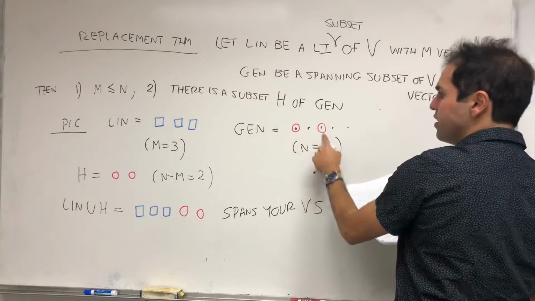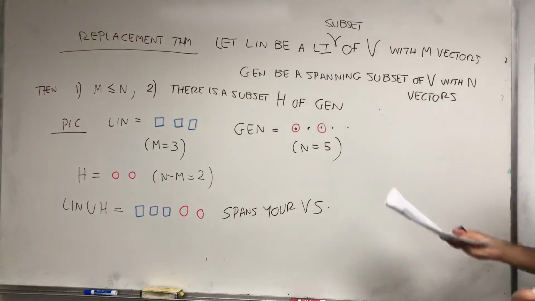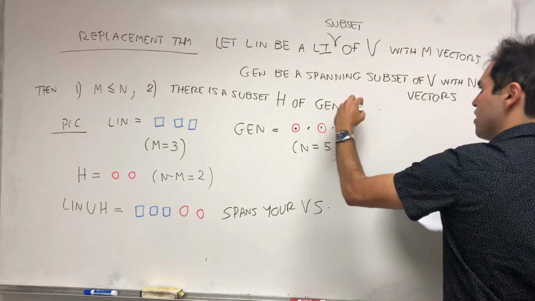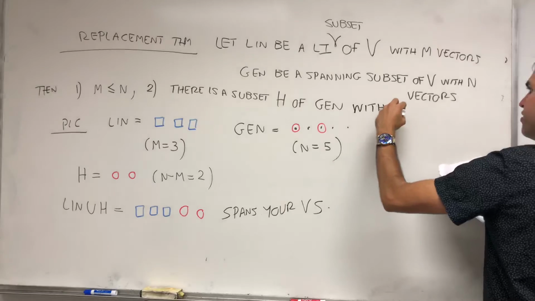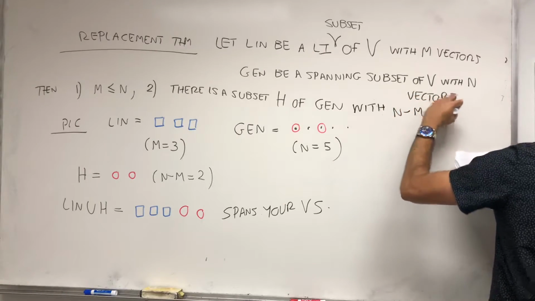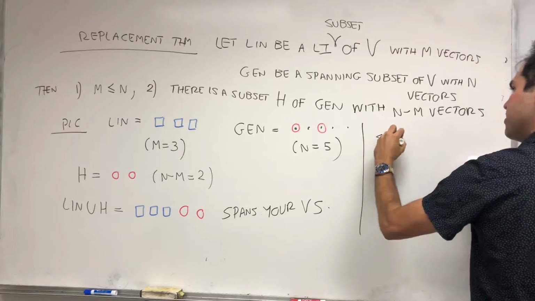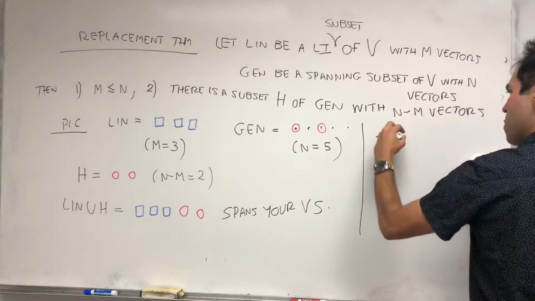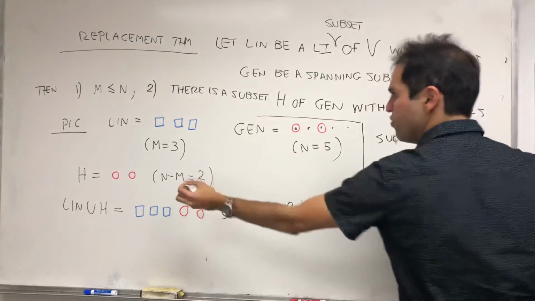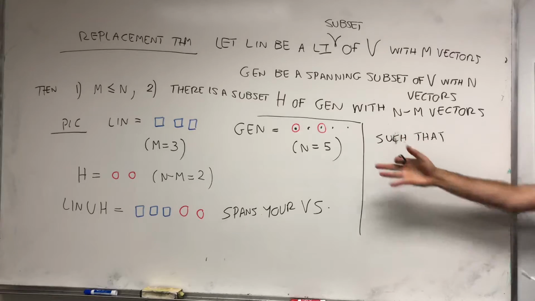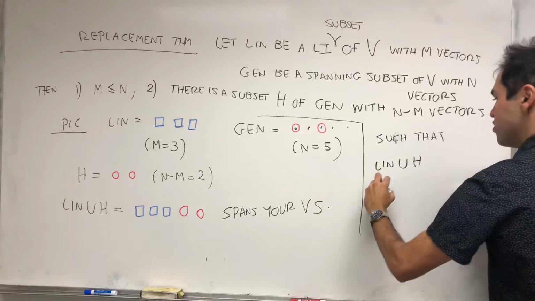So you see the red dots, they're a subset of the black dots, with, again, n minus m vectors such that if you start with lin and you take the union with H, so lin union H, still spans your vector space.